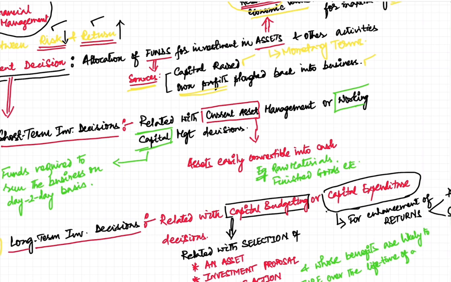Earlier we talked about what assets are, right? If you see closely here on top, we talked about assets. Now we are talking about current assets. Now, what are current assets? Assets or resources here.